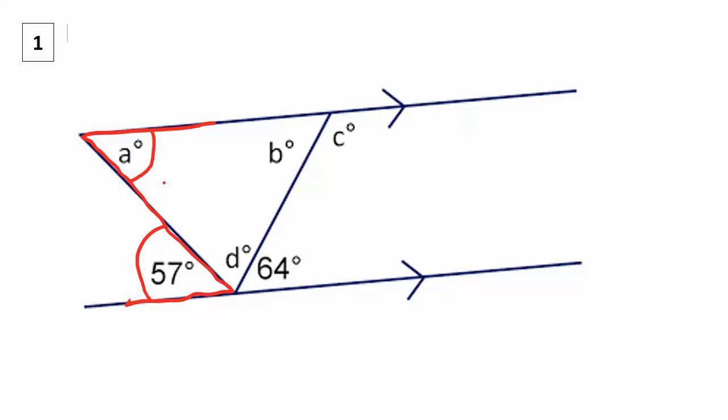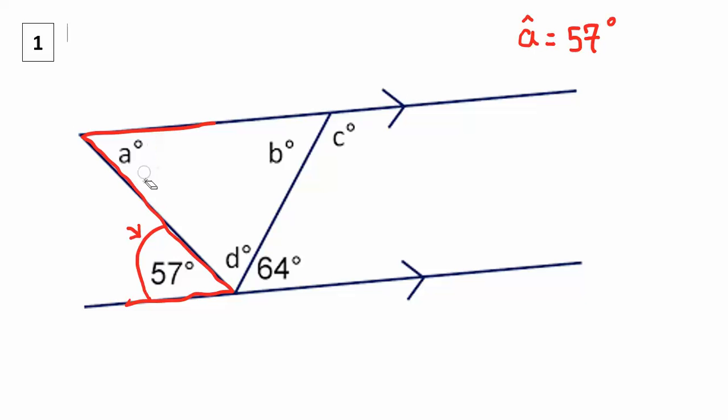So angle A is going to be equal to that angle there. So our first result is angle A is equal to 57 degrees.